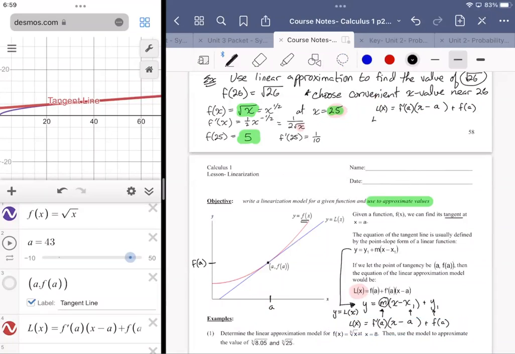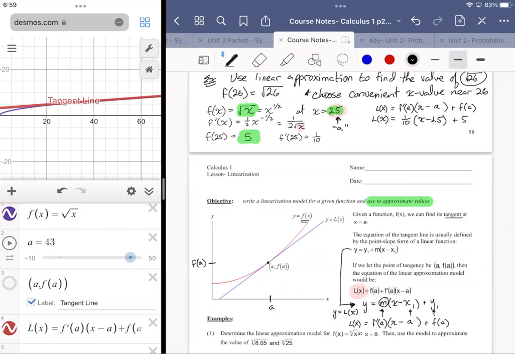So L of x is equal to f prime of a, some number that we're deciding upon. This is some value that we'll call a. So f prime of a is 1/10, x minus 25, plus 5.